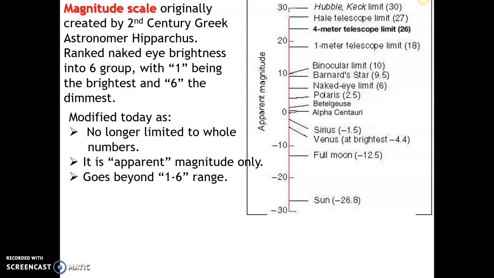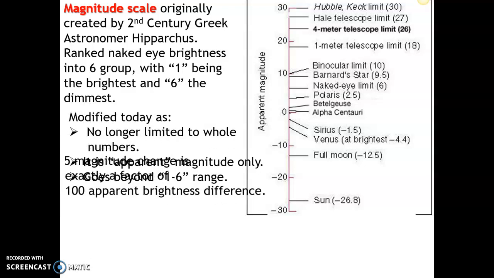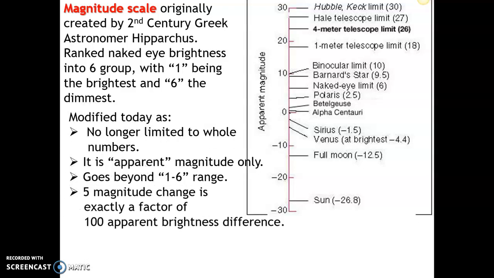We go down to negative 26.8, which is staring straight at the sun, or way down to 26, 27, 28, very dim. A 5 magnitude change is exactly a factor of 100 apparent brightness difference. So if you're going 5 magnitudes, you've got 100 times brighter.